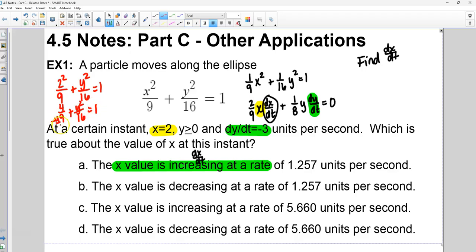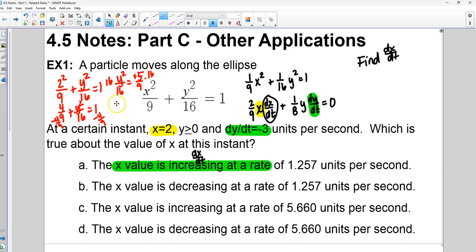I will subtract 4/9 from both sides. So I got y squared over 16 equals positive 5/9. I will multiply both sides by 16.